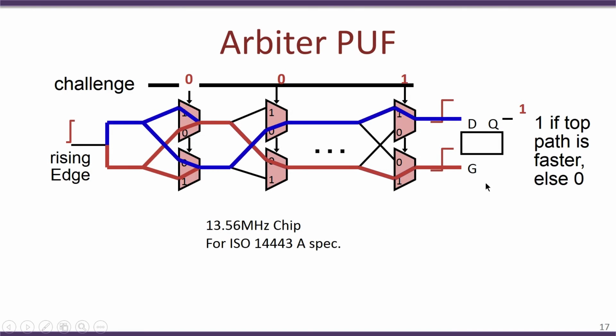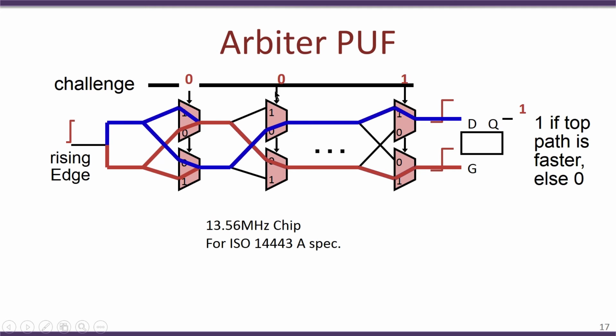So, we see over here that providing a rising edge, a 0 to 1 transition, through these various switches would result in a differential path for these two lines, and as a result, at the output at this particular point, we have one path which is faster than the other. As we have seen, the D flip flop, configured in the way that we have discussed, is able to identify which of these two paths has arrived first, and correspondingly switch between 0 and 1.